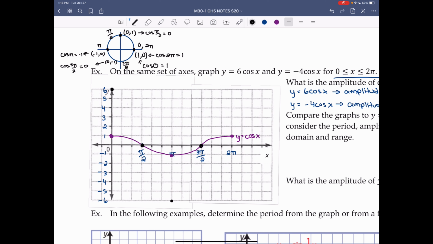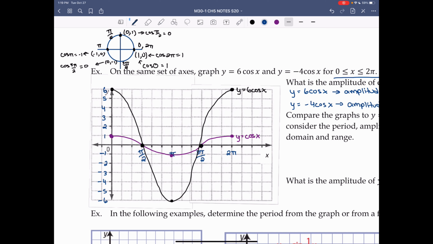And then at 2 pi, we have cos of 2 pi is equal to 1, multiply that by 6, and we get 6 cos 2 pi equals 6. Then we join those points together with a curve. And we get something like that. Doesn't look perfect, but that's okay. Y equals 6 cos x.